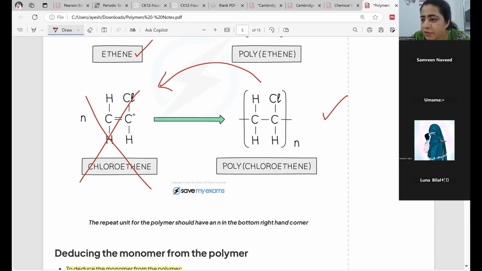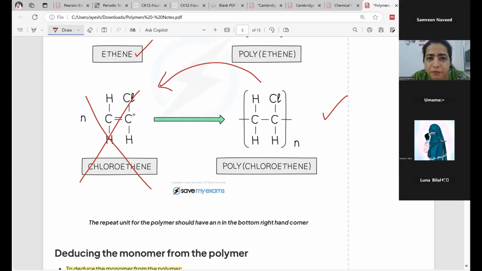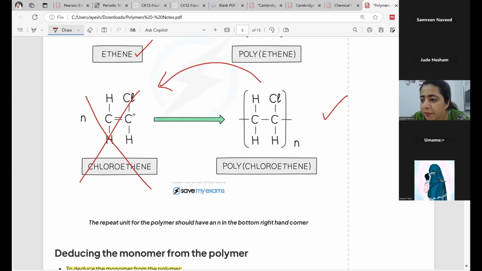Yes, miss, put the double bond. What about the side bonds, bracket, everything? We will just remove it. Okay, that's fine.